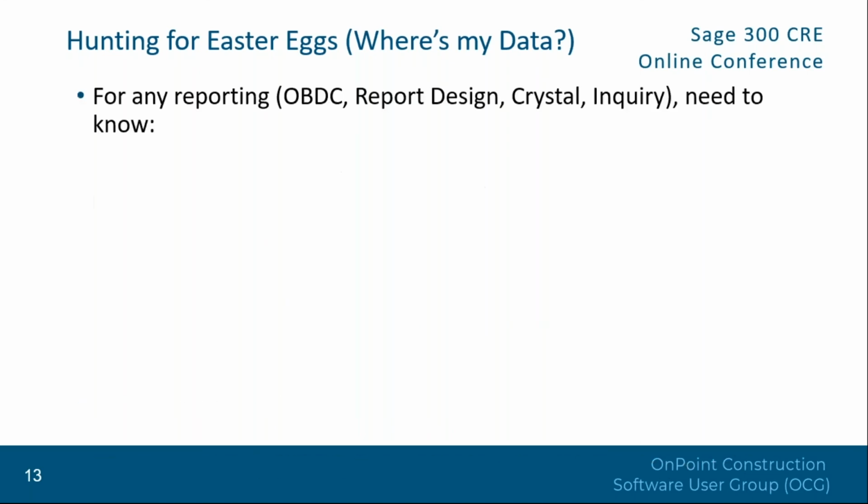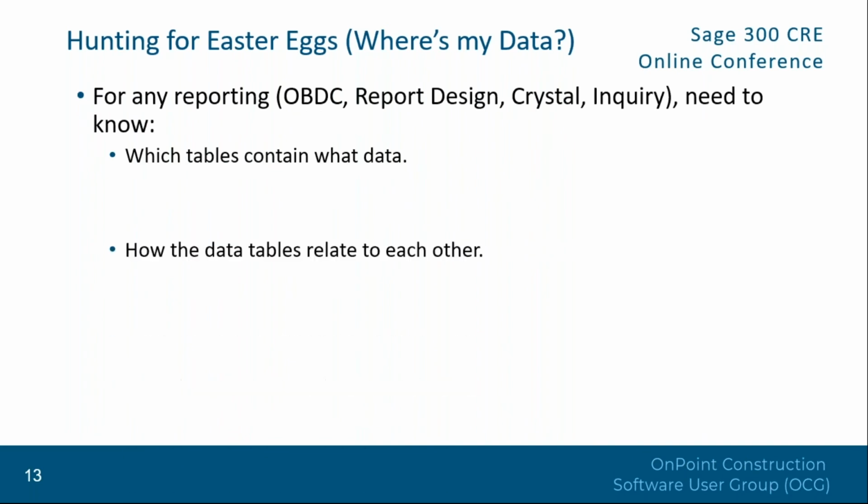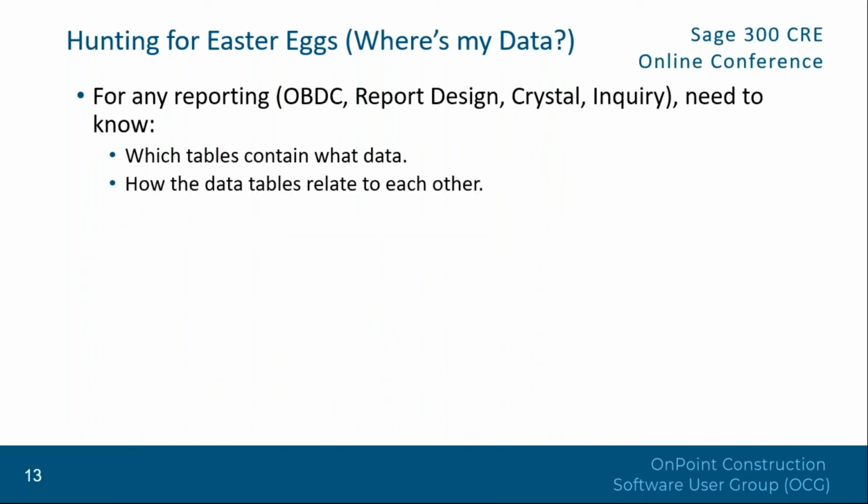For any reporting purpose, we have to know what tables contain the data. We want to know how the data tables relate to each other. And it would be good to know what we can do with the data. Can we just read it? Can we write it? Can we create a new record?